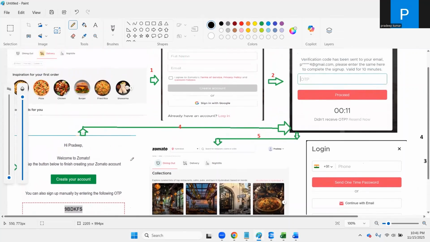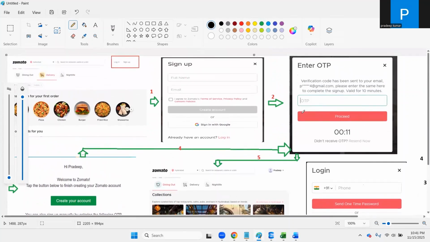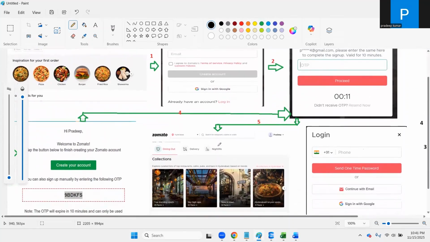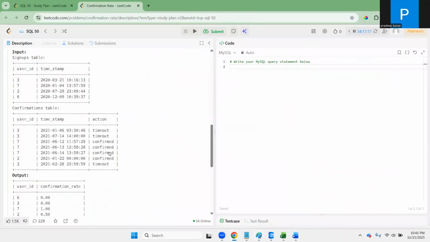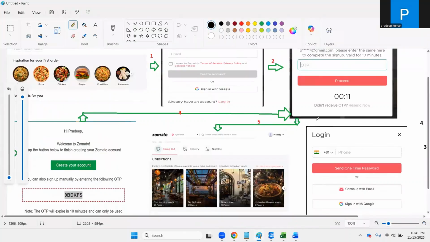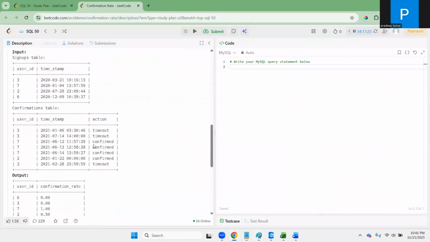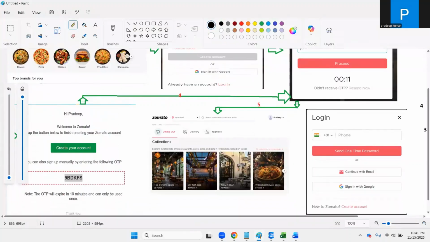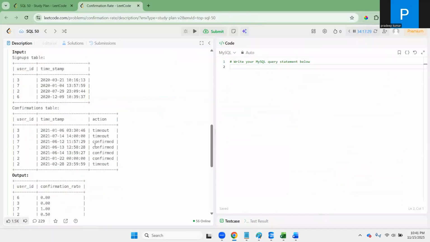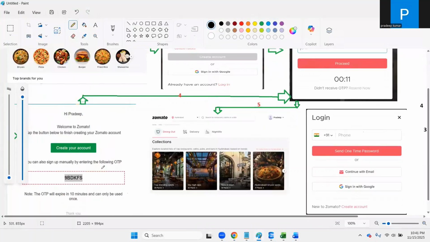Once he adds the respective OTP here, he will navigate to this space. If he successfully lands on the product page, it will show as confirmed. Okay, because it is confirmed, right?